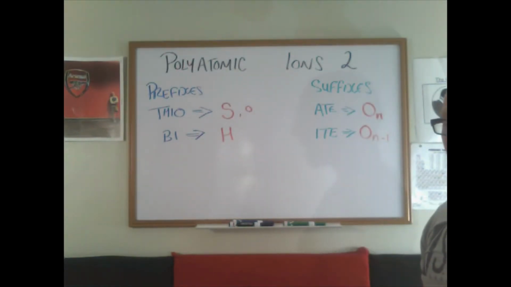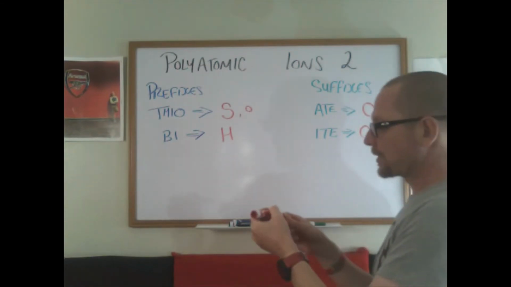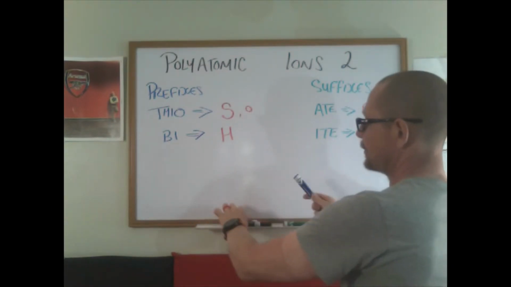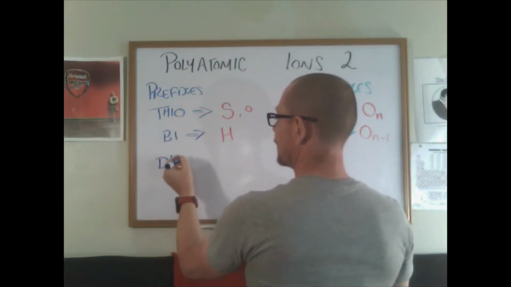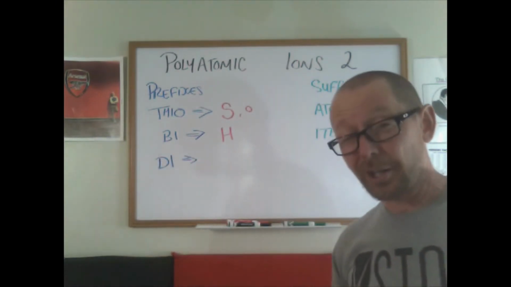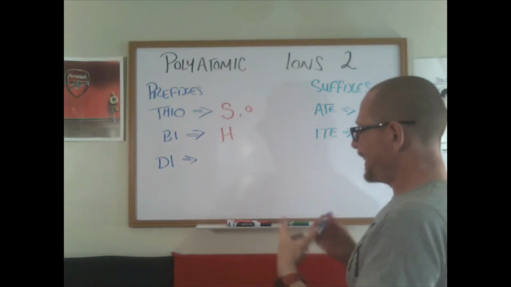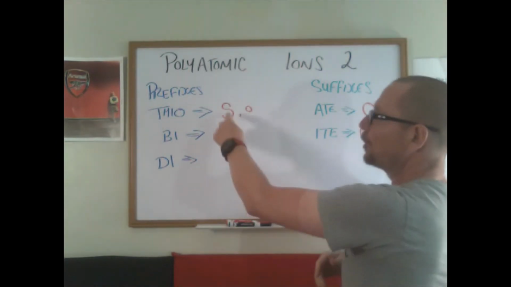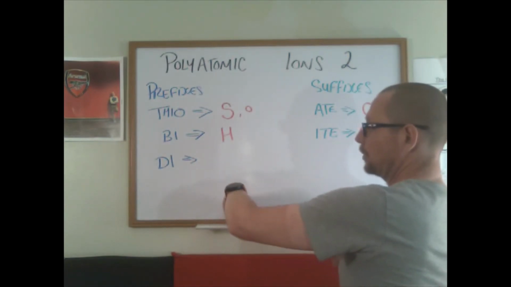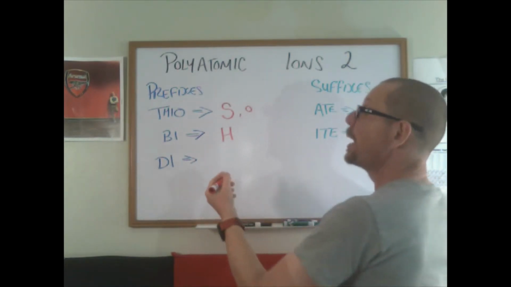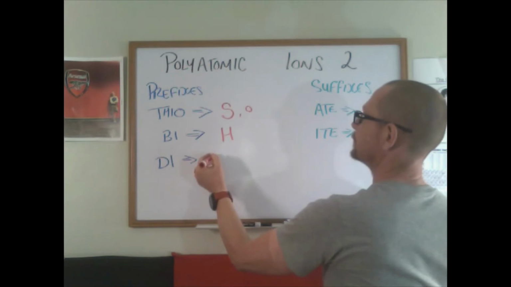And there is a prefix like di, as in dichromates, and that effectively means not sulfur, not hydrogen, not a particular thing. It normally means it's practically double.